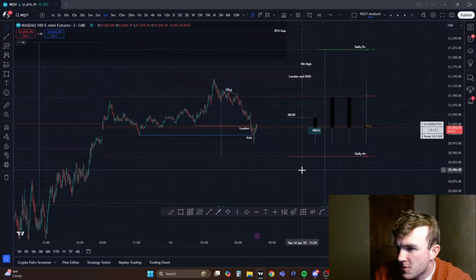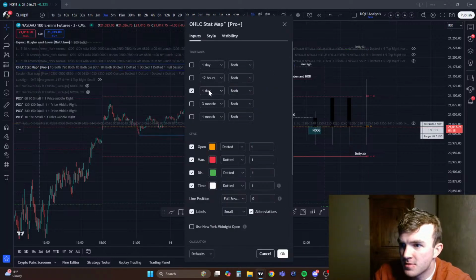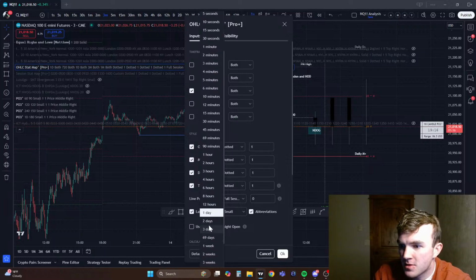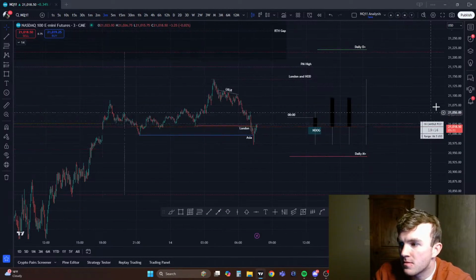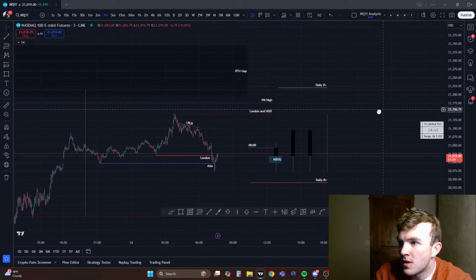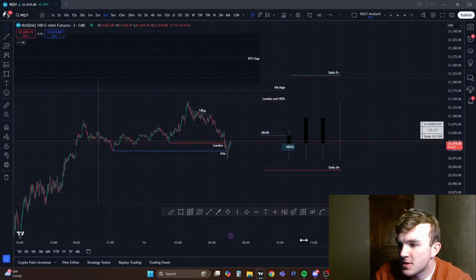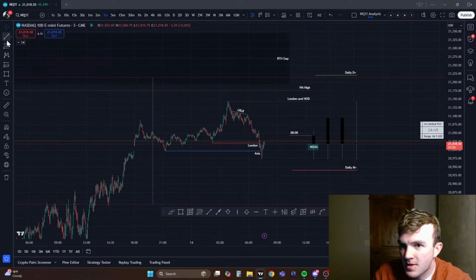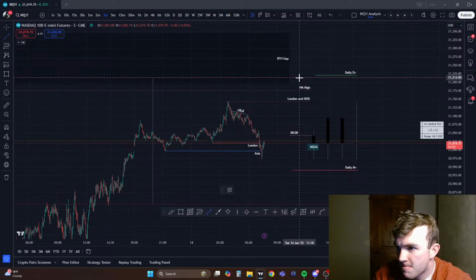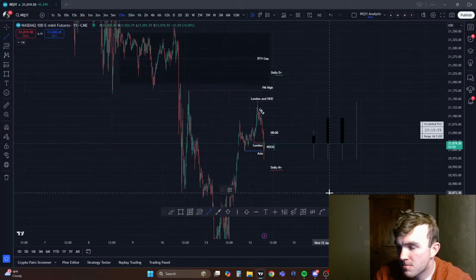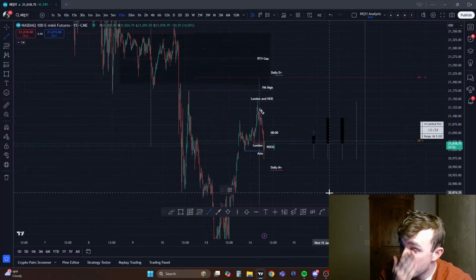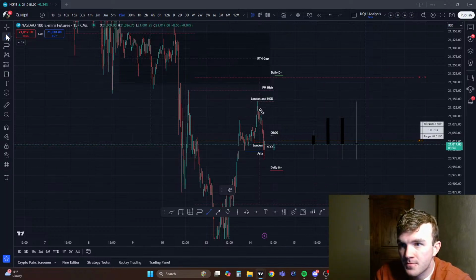Let's look at other time levels here. Maybe like the week. Let's start with the week. Okay. Oh yeah, the weekly manipulation level is right at the same area. That's really interesting.